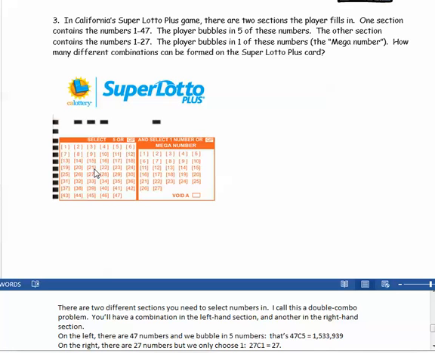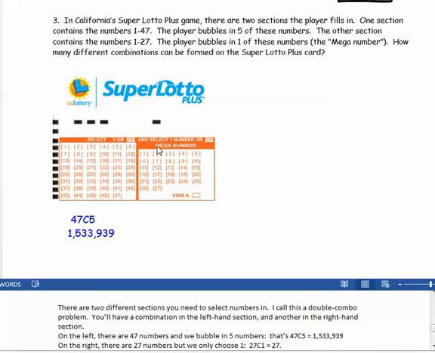So that would be 47, C for combinations, and 5 for the number we're going to choose. Type that in your calculator, and you should get 1,533,939.